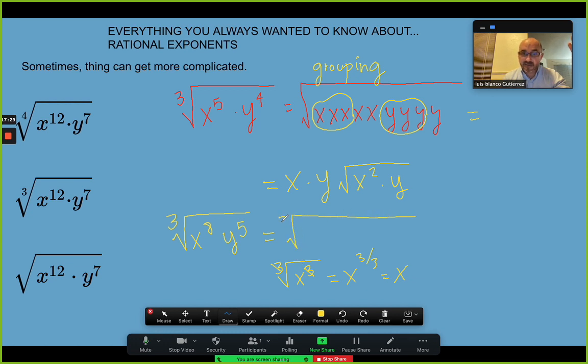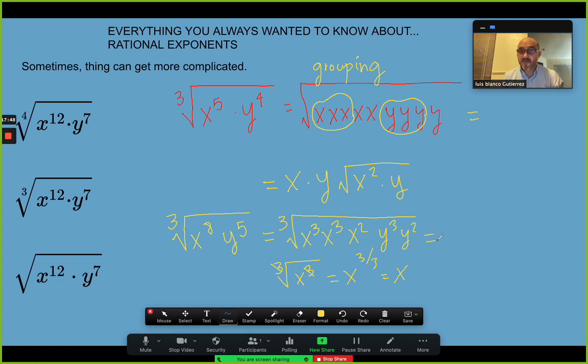So what happens with 8? You can get a 3, another 3, and a 2, right? Because 3 times 3 plus 2 is 8. And with the y you can do 3 and 2.